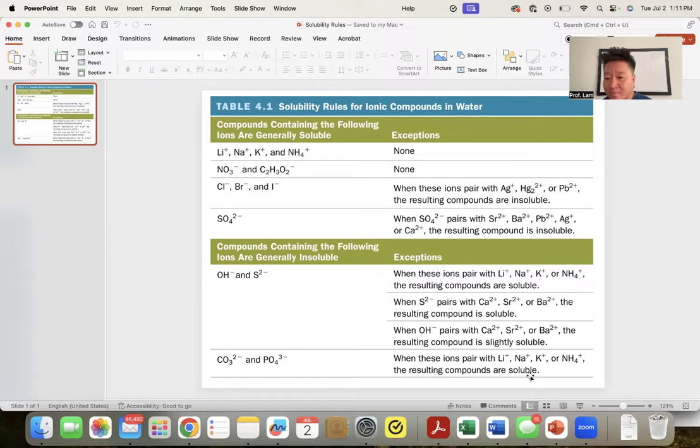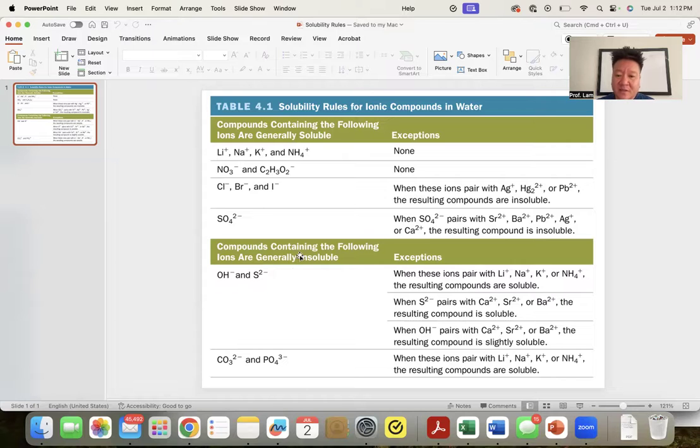Before we can really write these precipitation reactions, you need to learn how to write the states of matter, and what it means to be soluble and insoluble. If you are soluble, remember the state is aqueous, so you write AQ next to the compound.